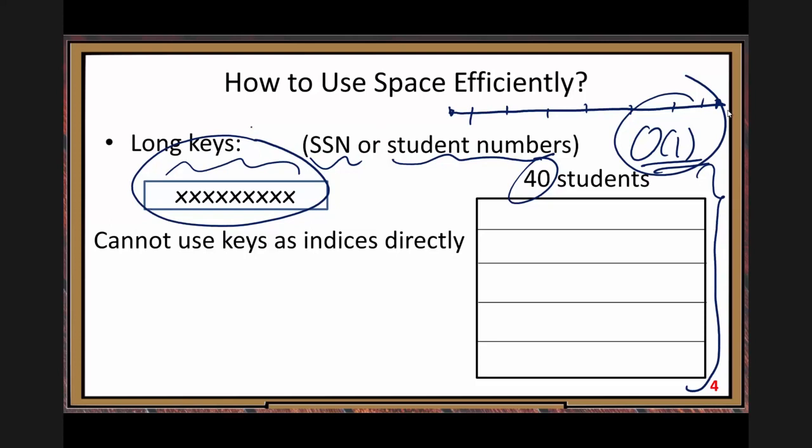All right, so next question. How to improve the efficient way to manage long search keys? In other words, how to make long search keys shorter. Suppose it's possible, we can find some magic way to shorten the long keys.